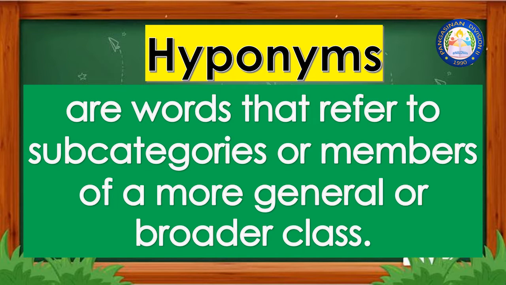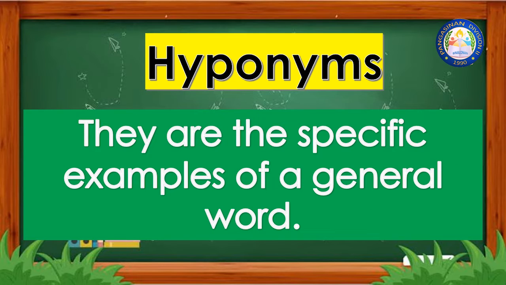May we all read? Hyponyms are words that refer to subcategories or members of a more general or broader class. In other words, hyponyms are the specific examples of a general word. Is that clear, class? Okay.